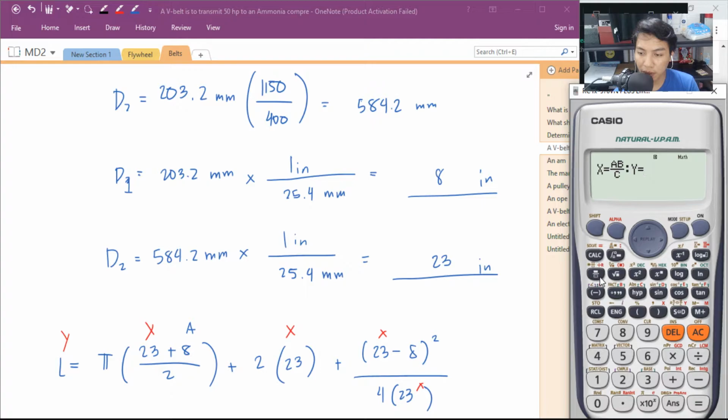Alpha equal to, tapos shift pi pala. Hindi. Dala natin sa loob. Ayan. Yung alpha x minus alpha A over 2, multiply natin kay pi.